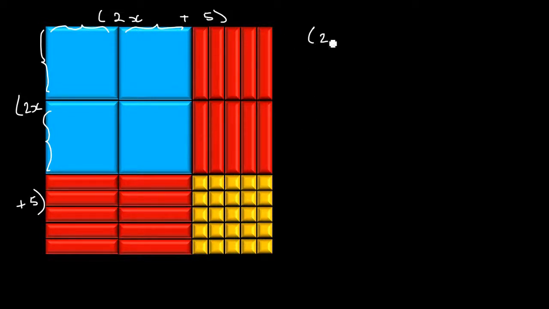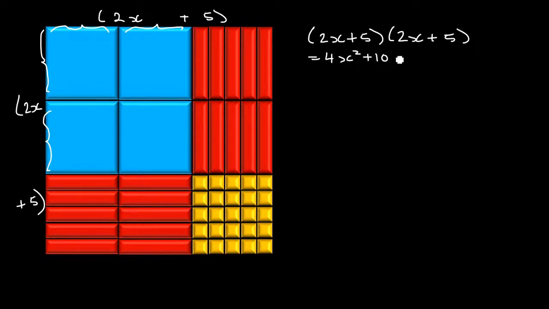So if we write that out, 2x plus 5 times 2x plus 5, multiply through, we've got 2x times 2x going to give us 4x squared, 2x plus 5. Well, here are these x's here or here, depending on which term we're looking at.